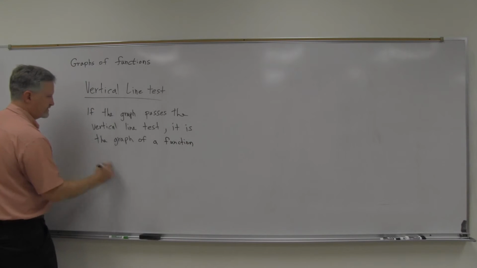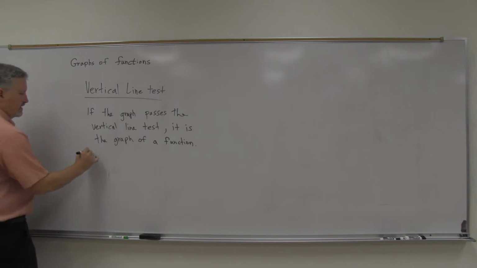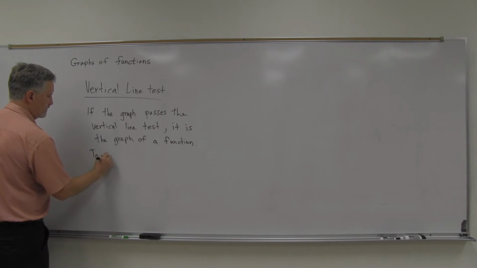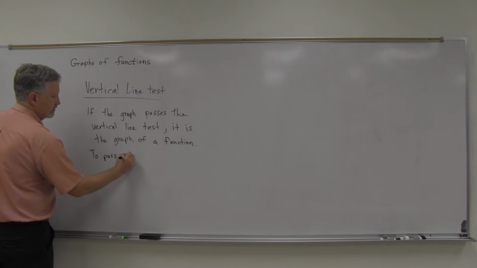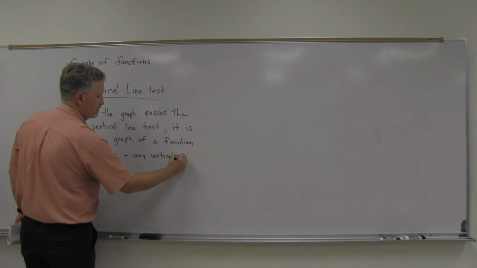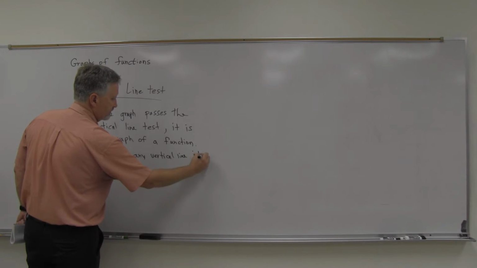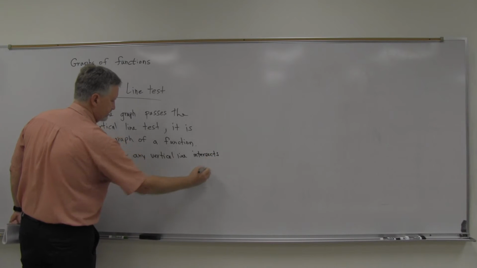The way it passes the vertical line test is any vertical line intersects the graph in at most one point.